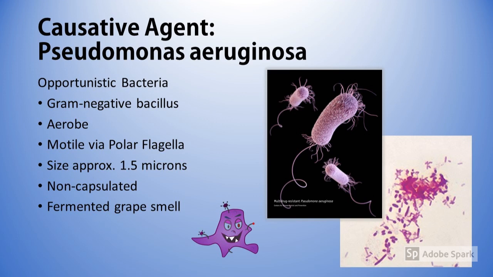As you can see by the picture to my right, it has a polar flagella, which makes it very mobile and able to move around. It's pretty small, only 1.5 microns, and it's not encapsulated. Strangely enough, it smells like fermented grapes, or some people even think it smells like a tortilla shell once the bacteria actually became fermented.